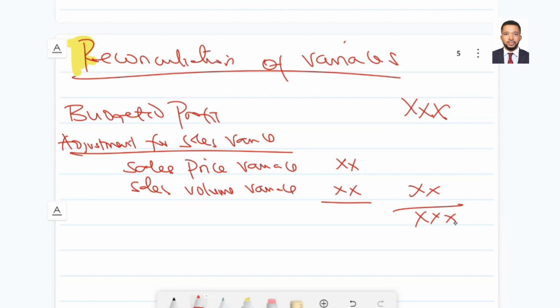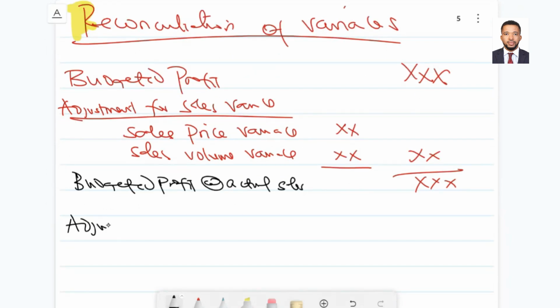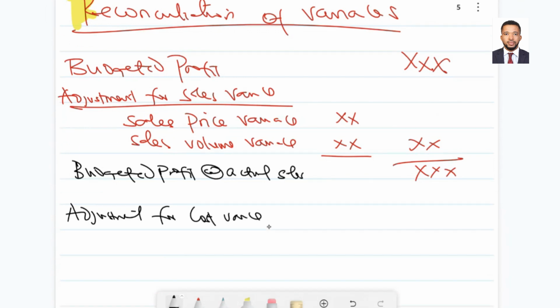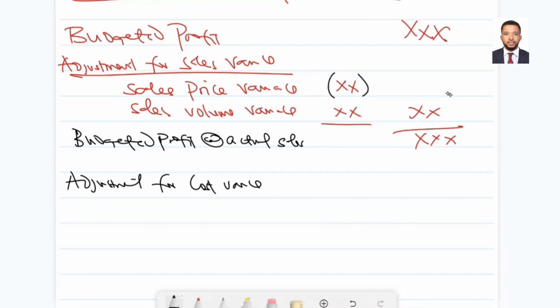So this is my budgeted profit at actual sales. Then we now have adjustment for cost variance. Remember, this can be favorable or adverse, depending on which one is more.